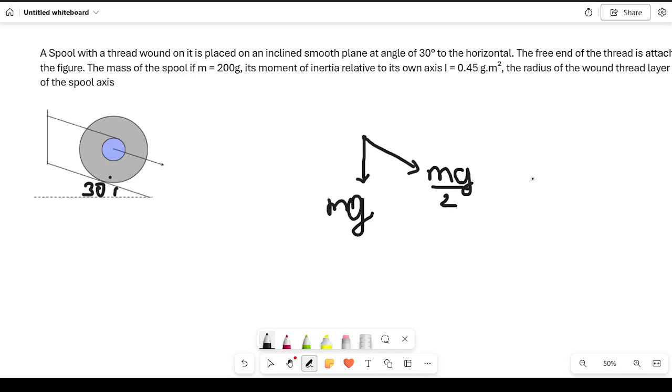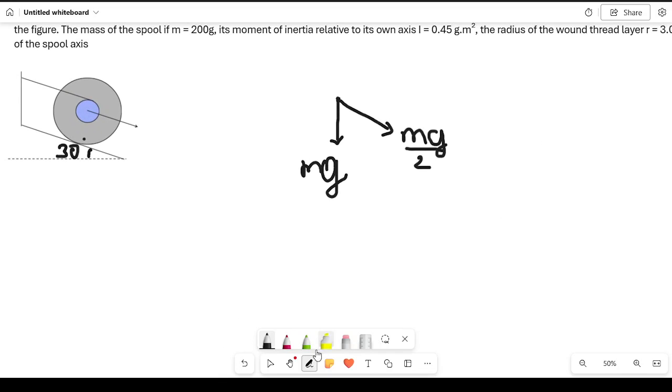I resolved the weight force into mg by 2, and also mg cos 30 degrees, that is root 3 by 2 mg, because cos 30 degrees is root 3 by 2.